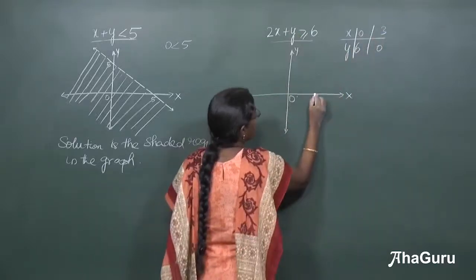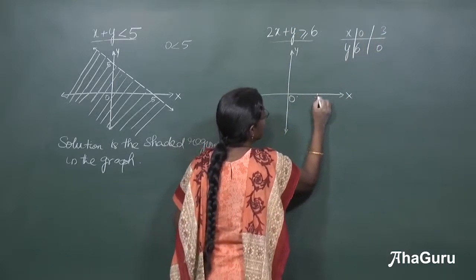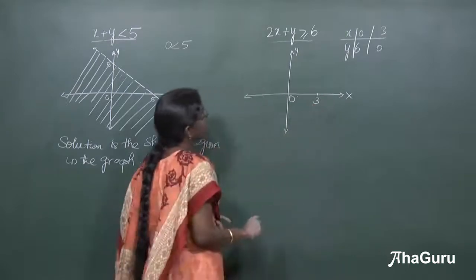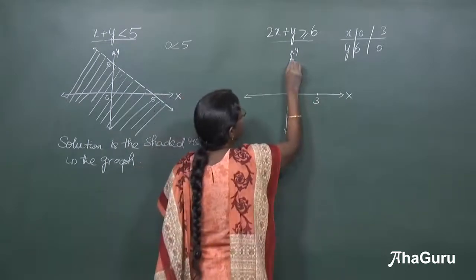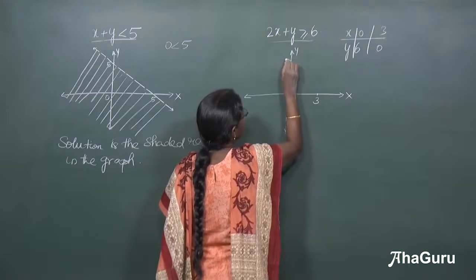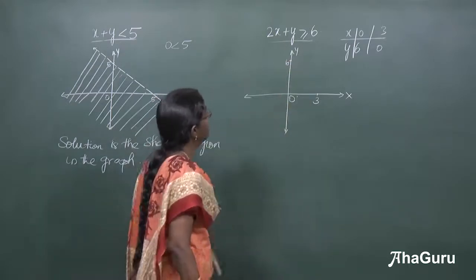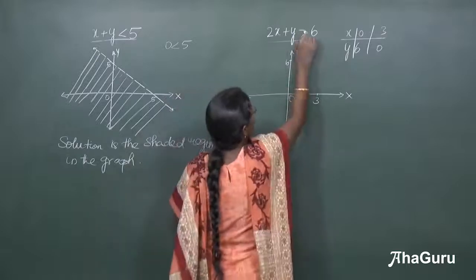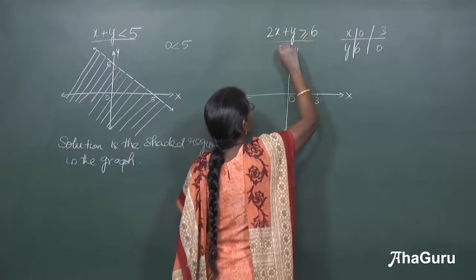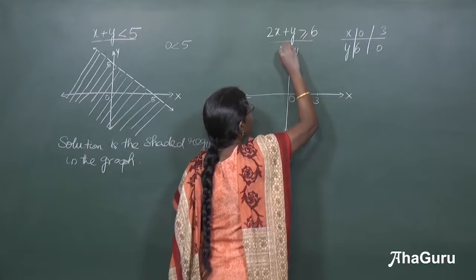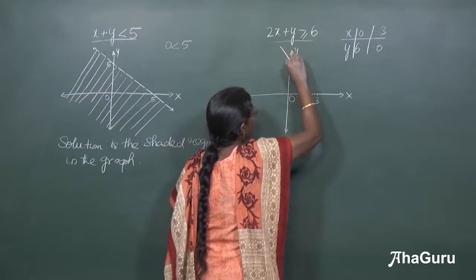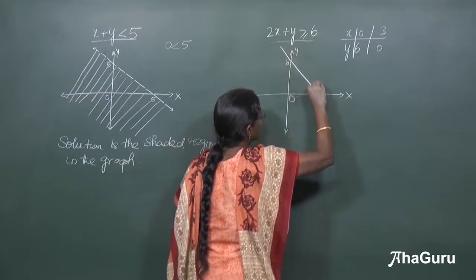So it cuts the x axis at 3 and the y axis at 6. Just take a proper scale and do it in the graph sheet. So here it is greater than or equal to. So it's perfectly okay, just use a scale and pencil, join these 2 points.